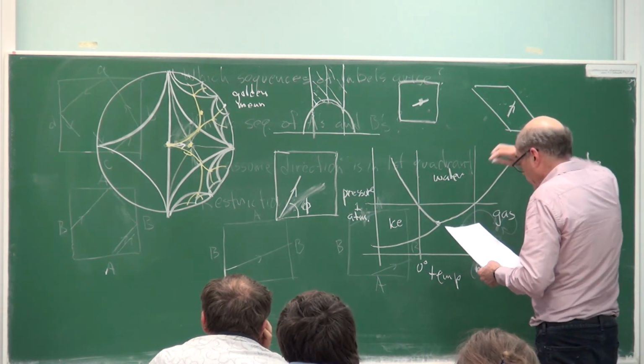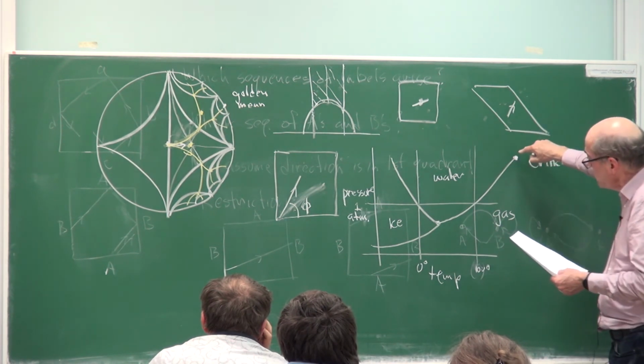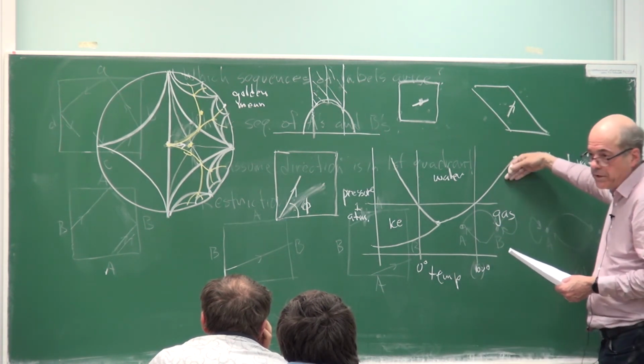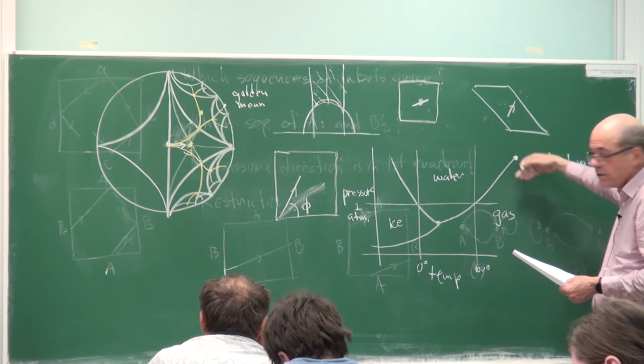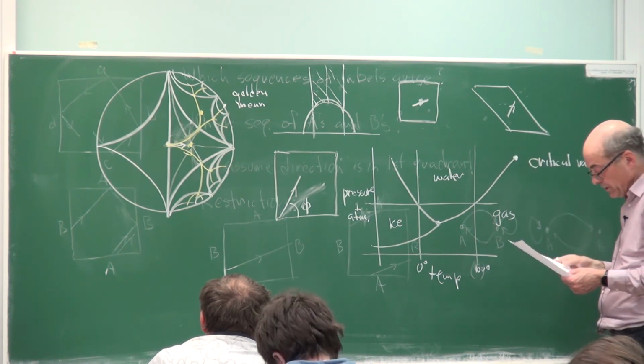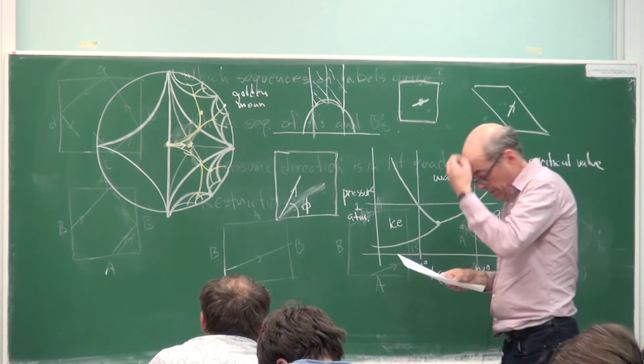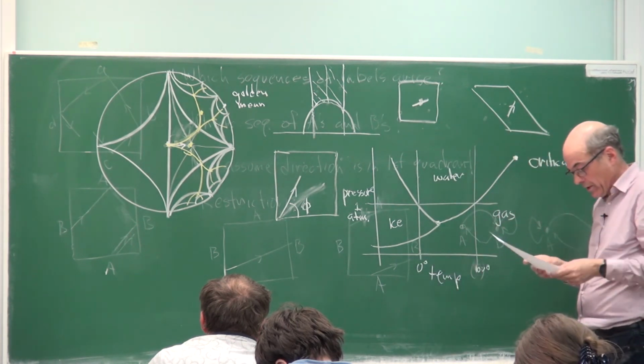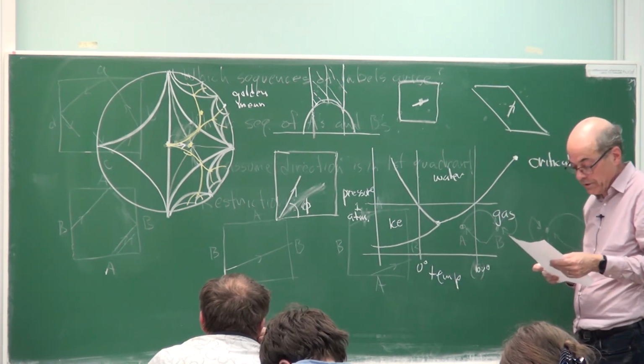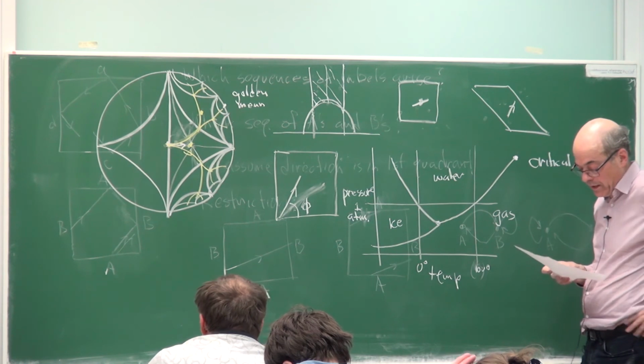At this critical value, we get a state which combines the features of the gas and the liquid. This is described very poetically in an article by Ken Wilson in the Scientific American in 1979.